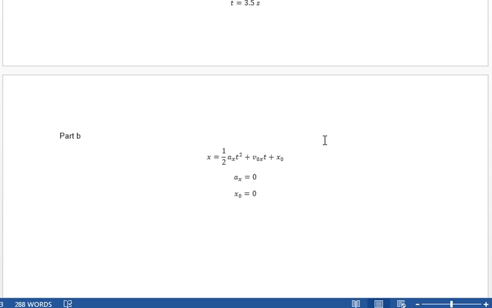All right, and we know when we hit the ground, t is 3.5 seconds, and x is 100 meters. That means the only thing we don't know in this equation is v naught x, right?